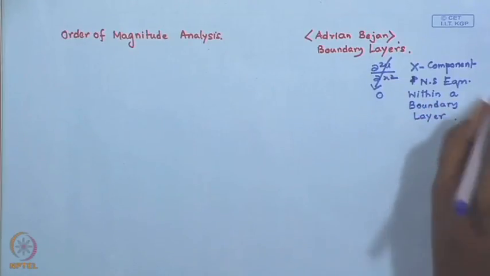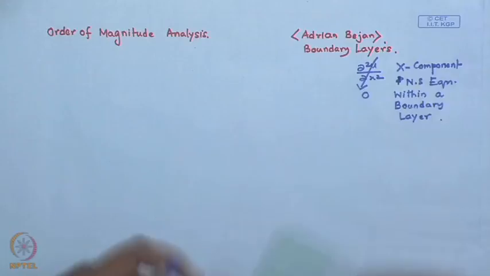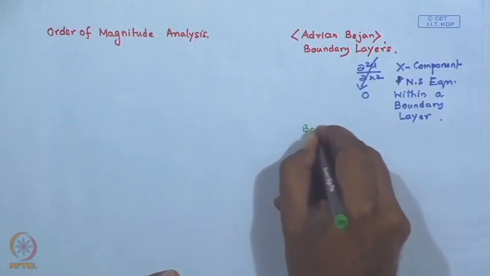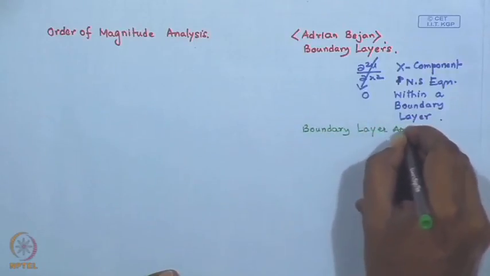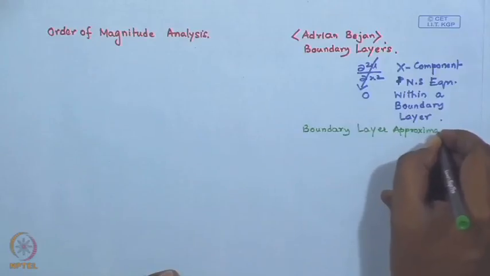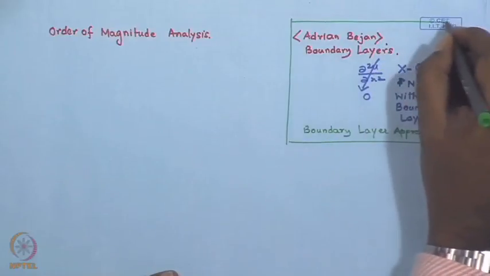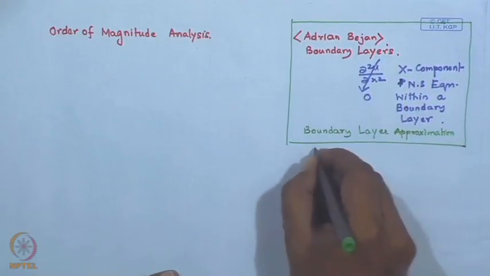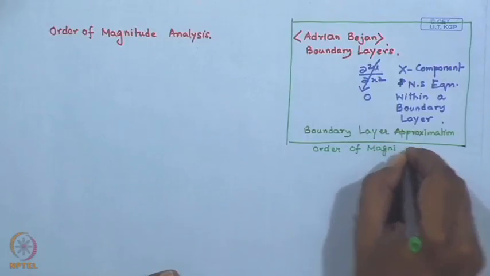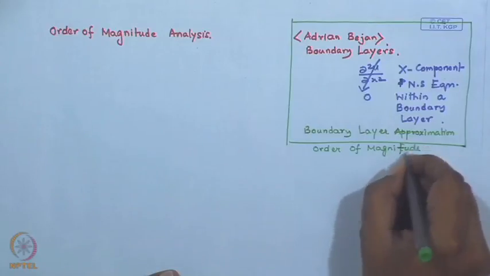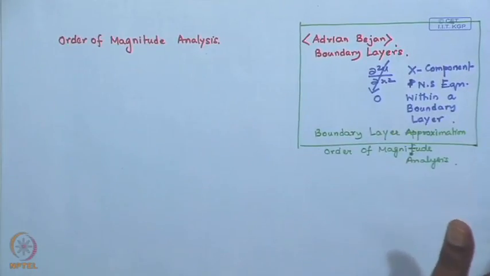Some chemical engineering textbooks of course refer to this as the boundary layer approximation, but if you look carefully, this whole concept of the so-called boundary layer approximation comes from nowhere other than order of magnitude analysis. So, in other words, this analysis gives a relative scale of different variables.